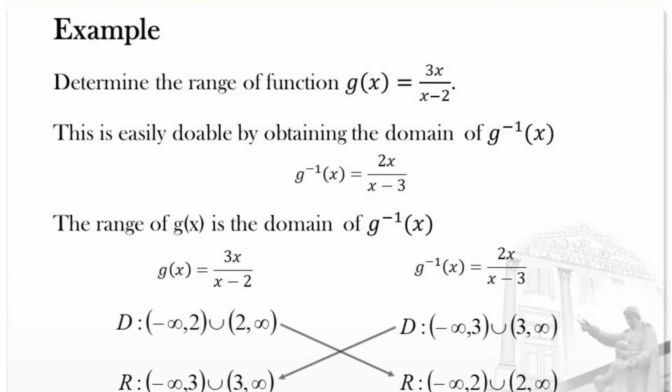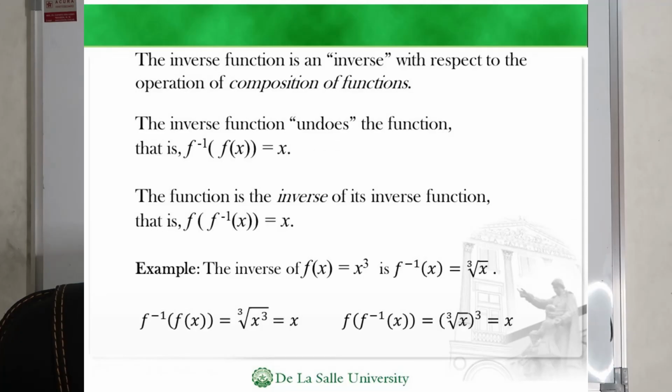If the domain of the original function is negative infinity to 2, union 2 to positive infinity, the domain of your inverse function will be the range of your original function, and the range of your inverse function is the domain of your original function. The inverse function is an inverse with respect to the operation of composition of functions.